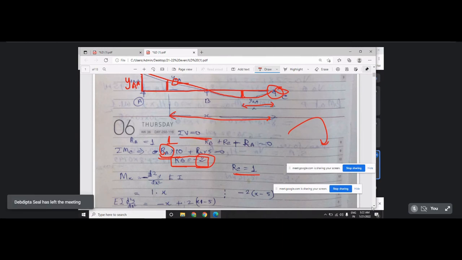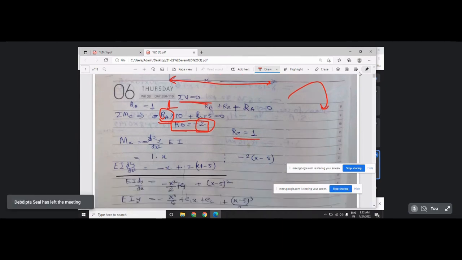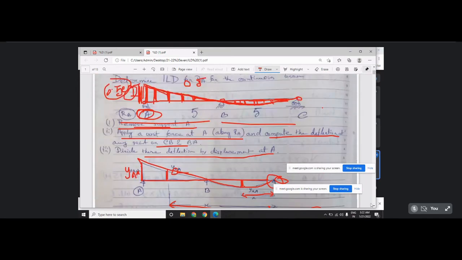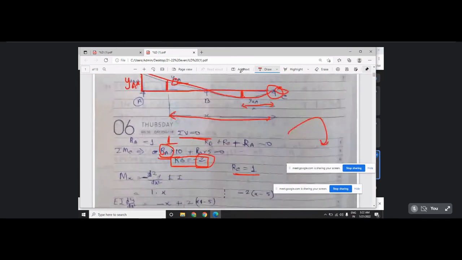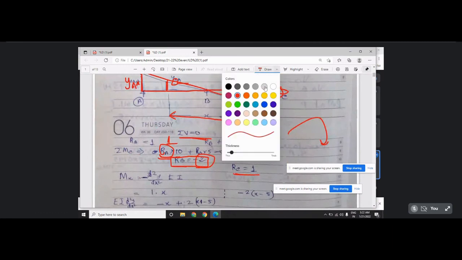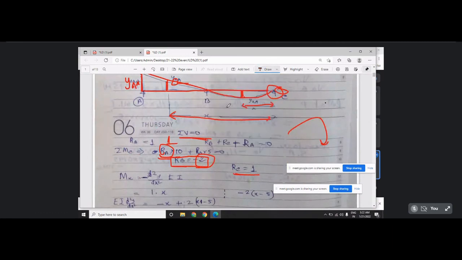Now if you take a moment about X, any section at X, if this is in the BC region, just simple Mx is equal to minus EI d2y/dx2. From this point to this point, this distance is x and RC value is 1. So naturally 1 into x, the bending moment is 1x.